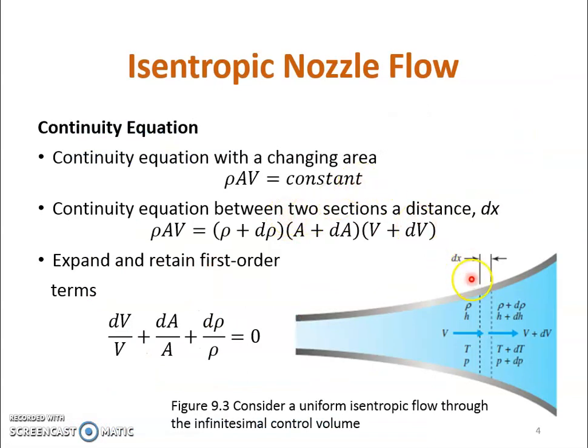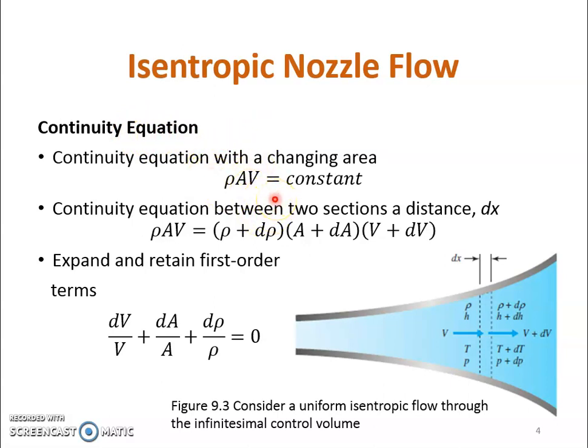In order to derive the equation relating the area change with the velocity and the Mach number, and also the pressure and density, we are going to use two equations: the continuity equation, and later the energy equation, which is a very simple energy equation.